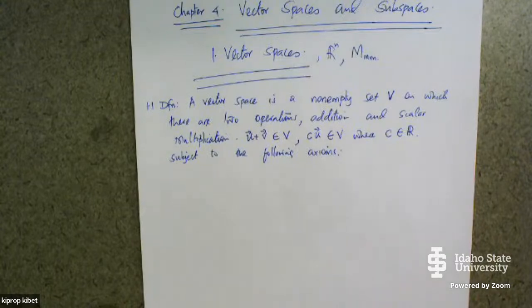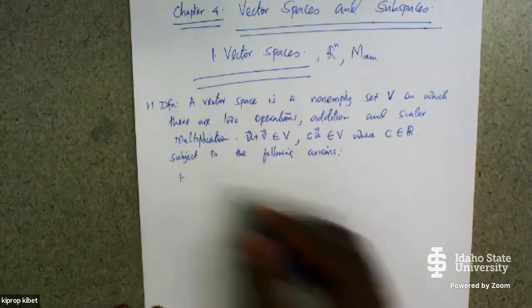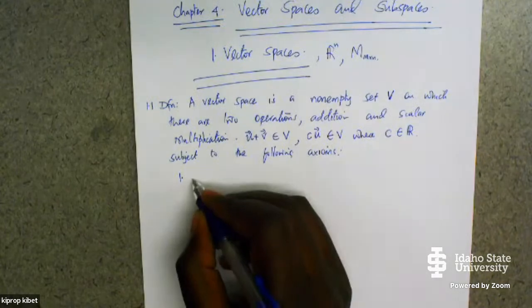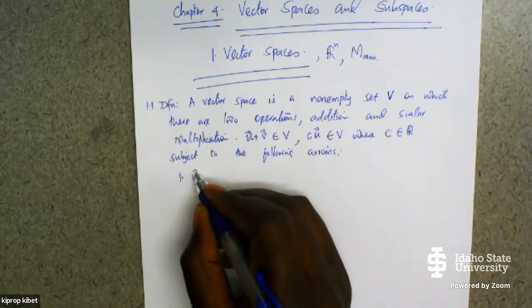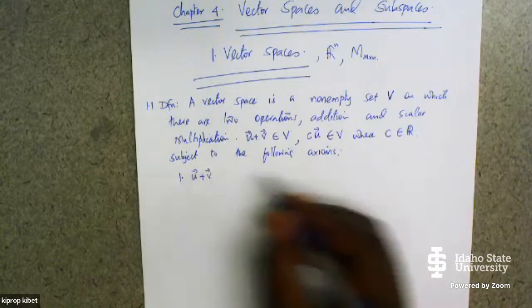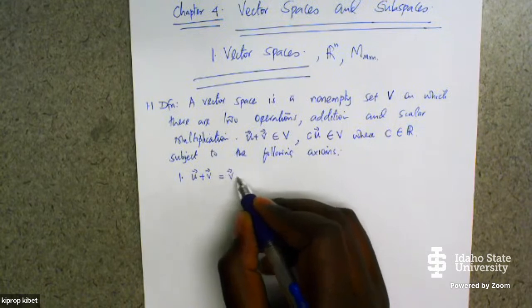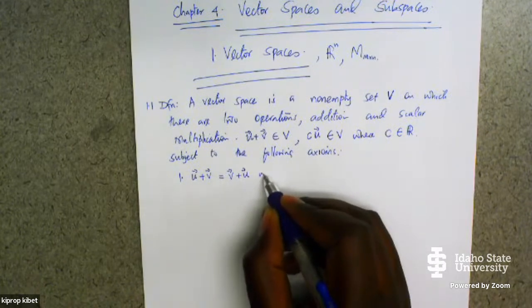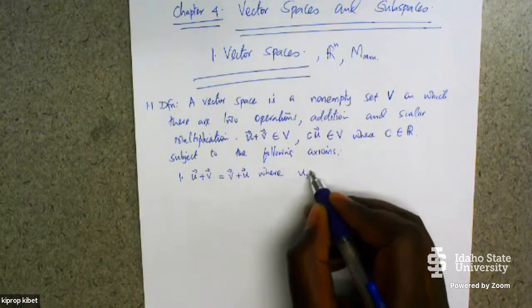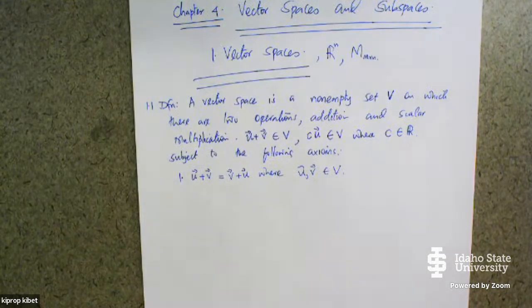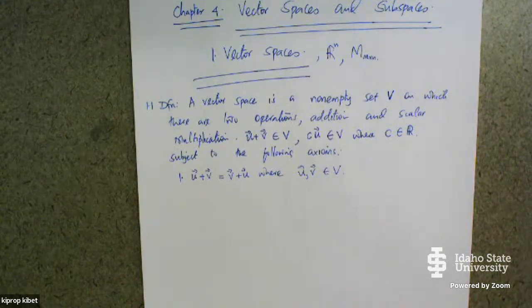So number 1, which we have dealt with during the vector space of R^n and also for the matrix, is commutativity. If you have u plus v, then this can also commute to v plus u, where u and v are elements of the whole vector space. So that is the first axiom.